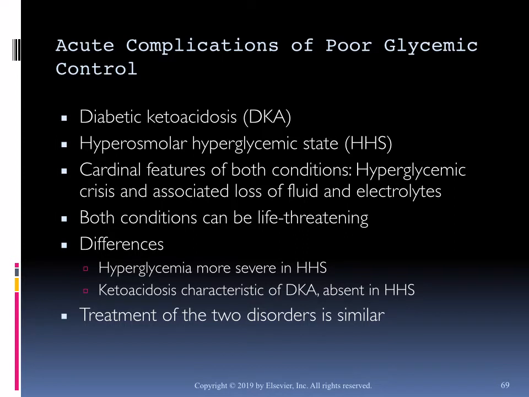And then the acute complications of diabetes: diabetic ketoacidosis, and you want to watch for the signs and symptoms of that. The cardinal signs and symptoms are hyperglycemic crisis and a loss of fluid and electrolytes in both conditions.